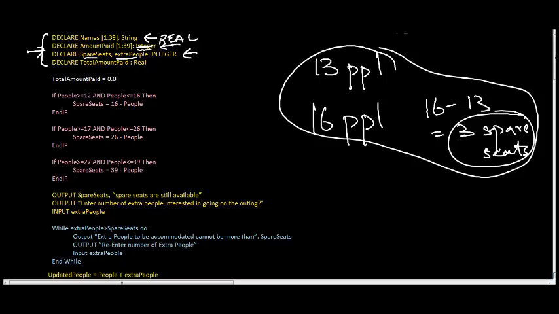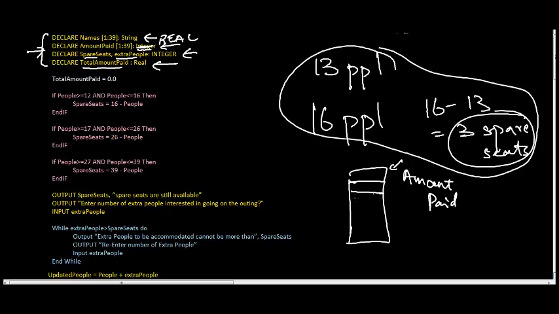And finally, you can see that I have also declared total amount paid. In total amount paid, we are going to do the total of all the amounts. We just created an array called amount paid, in which for each person the amount he paid was entered.